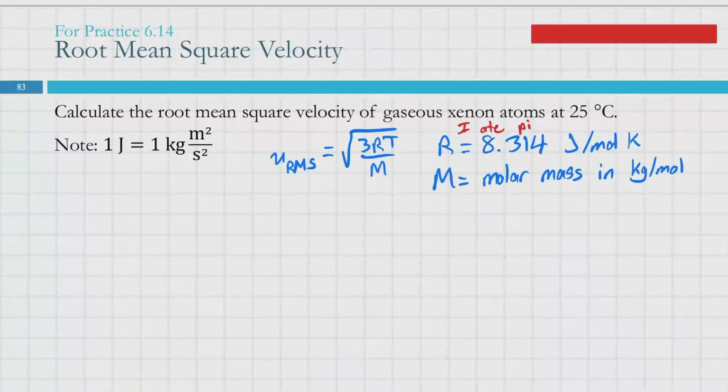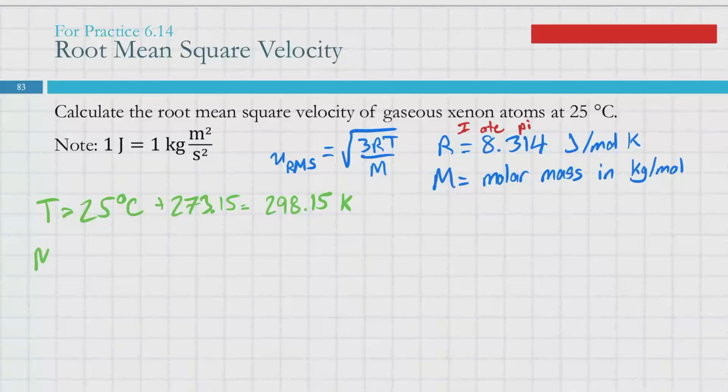Okay, so we were working with gaseous xenon atoms, and they are at 25 degrees Celsius. Since we're working with a gas, we need this 25 degrees Celsius to be in Kelvin. So we're going to add 273.15, and we'll get 298.15 Kelvin.